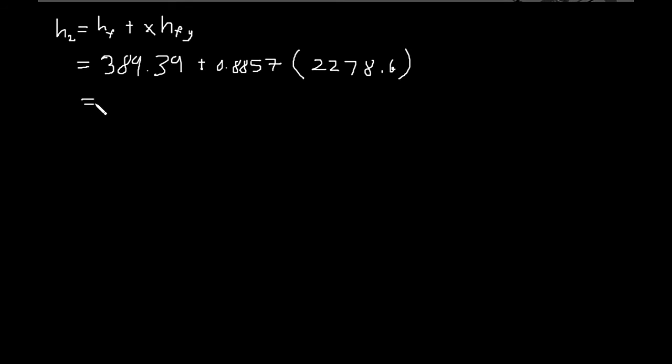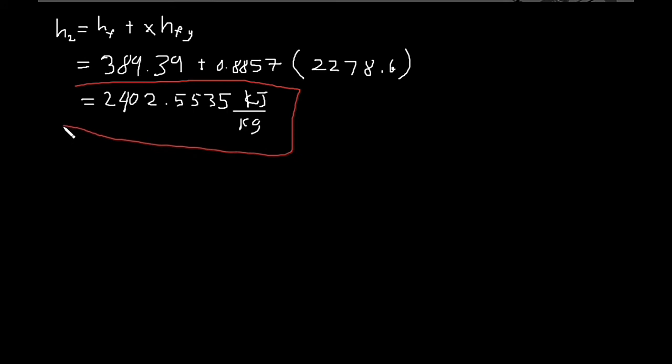Use our calculator. Multiply that to 2278.6 plus 384.39. That's 2402.5535 kilojoules per kilogram. Let's highlight that in red. Now we have H2. Let's go solve for H3.